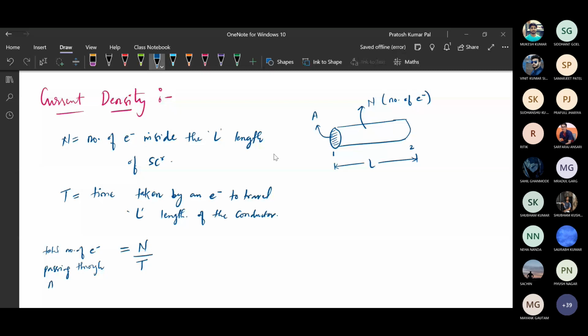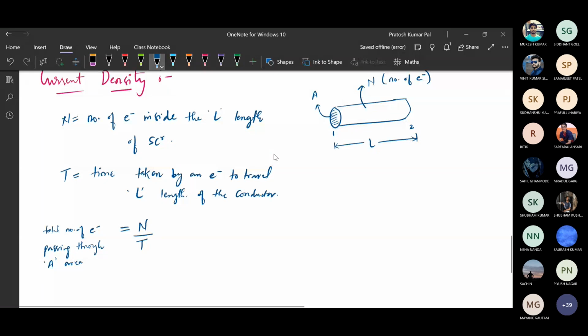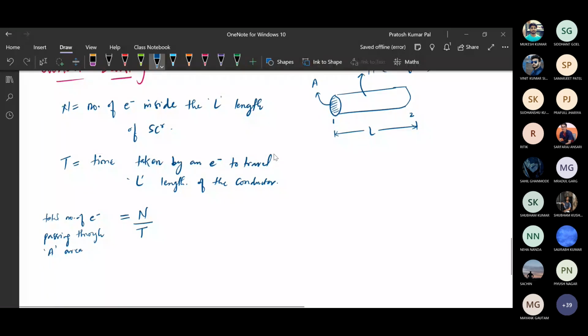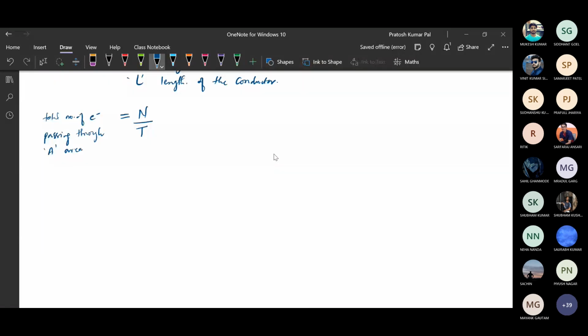But if we need to find the current, current is the rate of change of charge. These are electrons, so to convert the electrons into charge, we multiply the number of electrons with the charge of one electron, that is q.